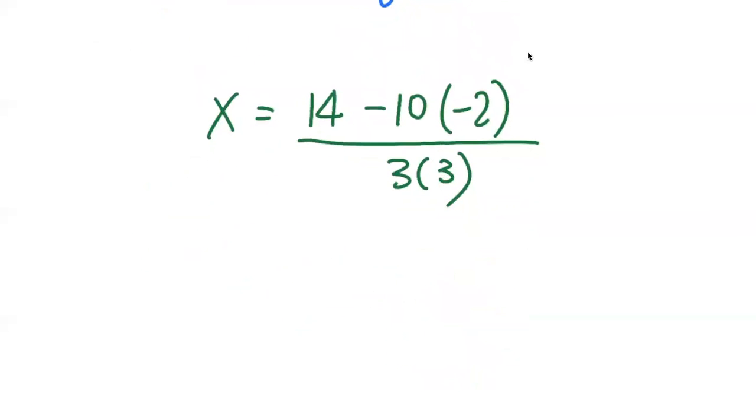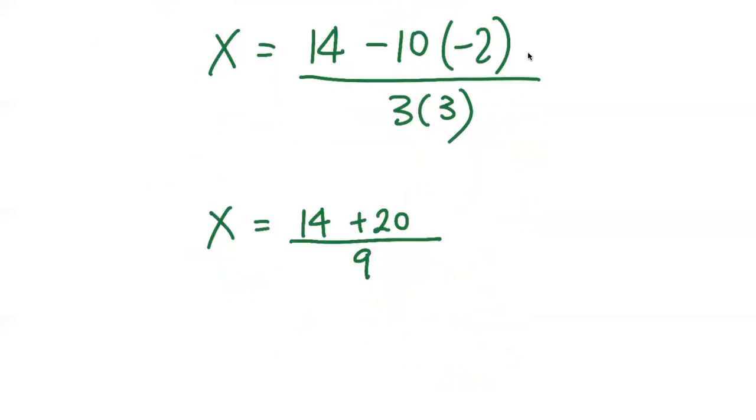When you use parentheses for your substitution, it makes it very clear. There's no ambiguity. There's nothing for you to get confused about. So we have 14 and then -10 times -2 is positive 20, over 9. So we have x is equal to 34 over 9.